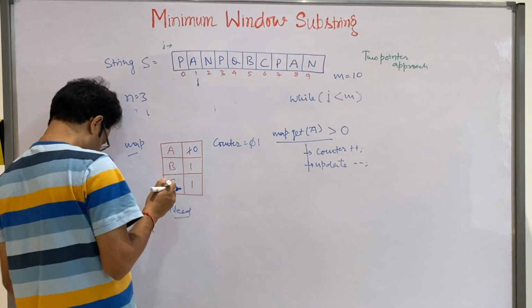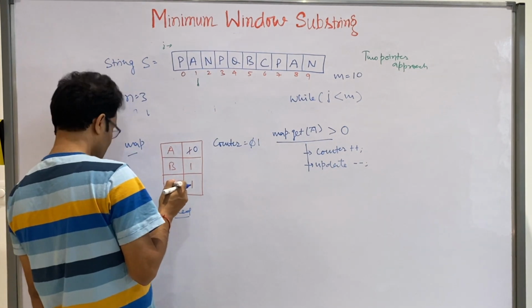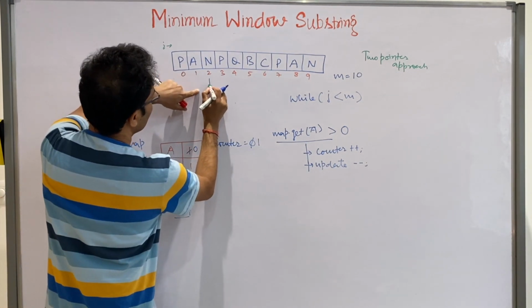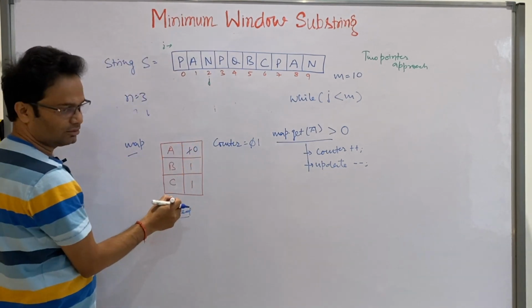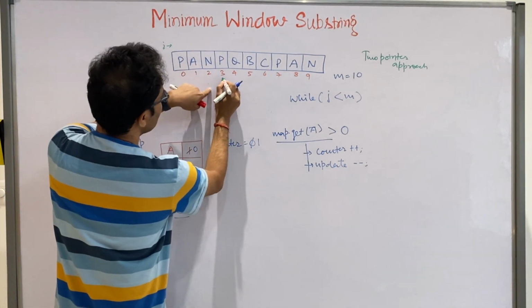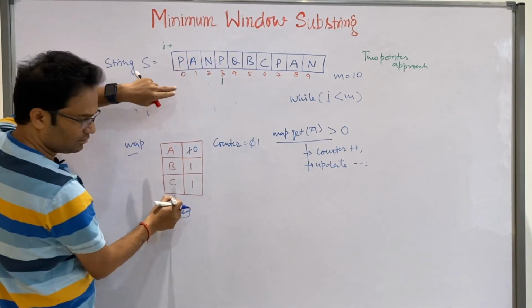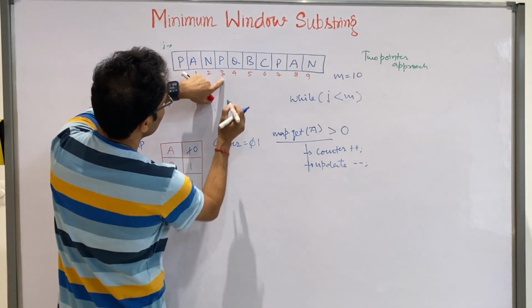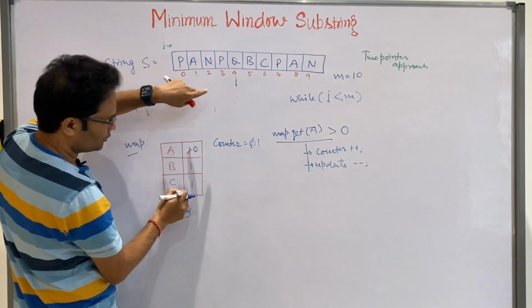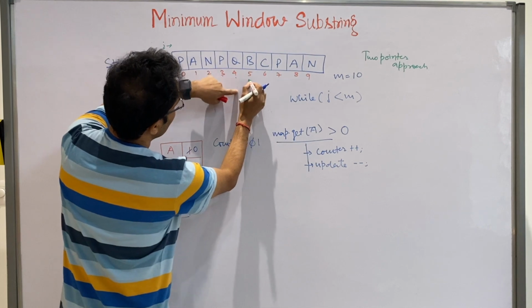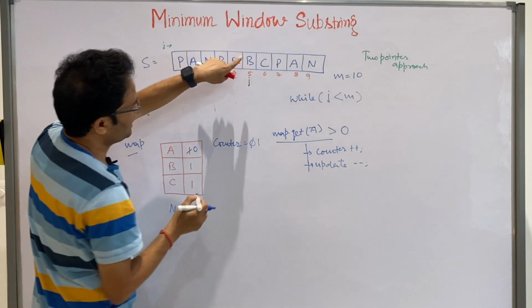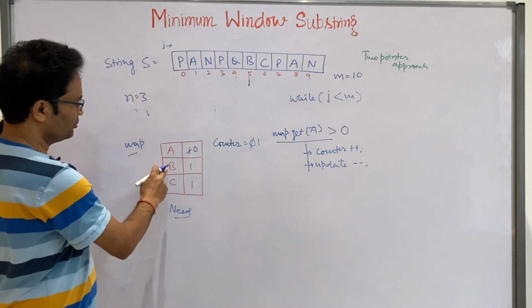Now move the J. Now J will come here. Is N there? No. Again move the J. P is here? No. Again move the J. Q is here in map? No. Move the J. Now B is here. B is there.